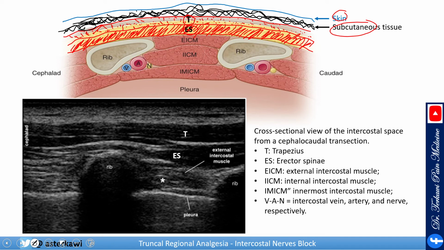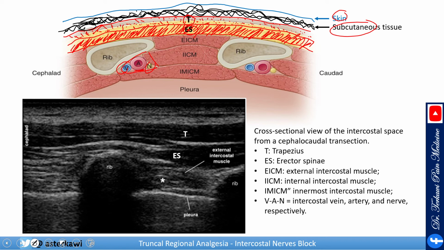So our target is between the internal intercostal muscle and innermost intercostal muscle.